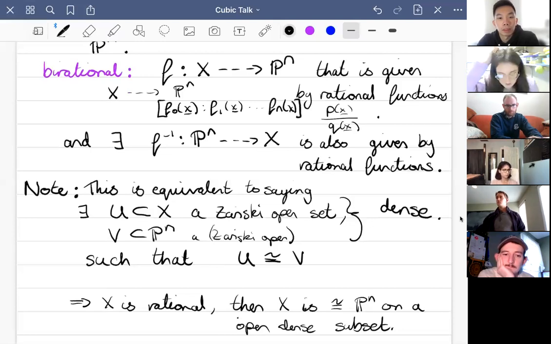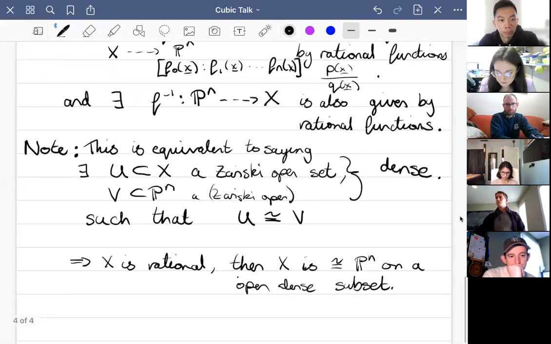But each of these functions is just a rational function. So whenever the denominator is 0 is exactly where this map is undefined. And again, if you remember, a Zariski closed set is given by zero sets of polynomials. So it's going to be undefined on such a set.